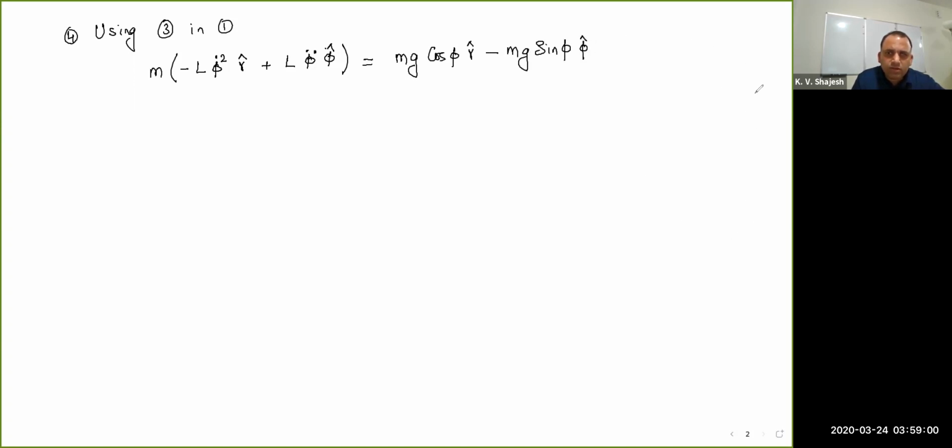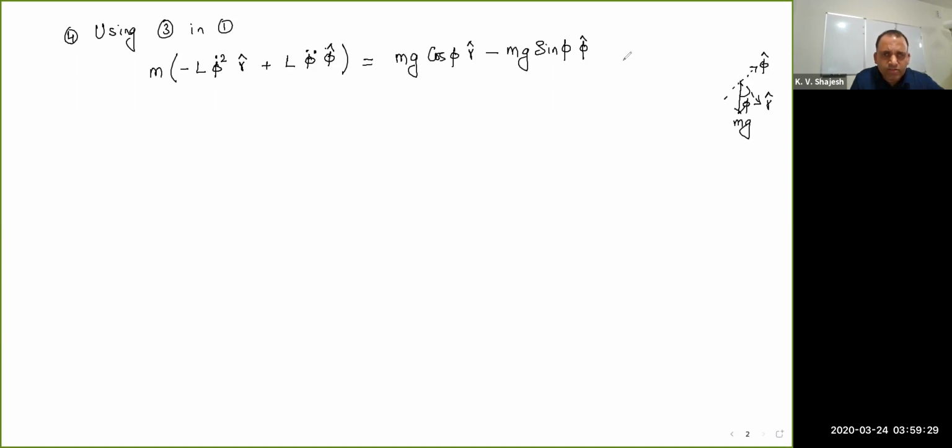And that's because we have mg here like this, and that's your r hat, and that's your phi hat, and that's angle phi. So it's mg cosine phi in the r hat, and it is minus mg because phi hat is in the increasing phi direction.